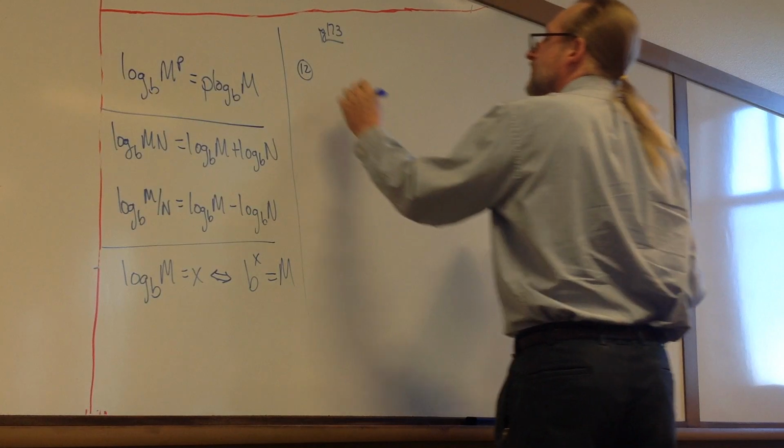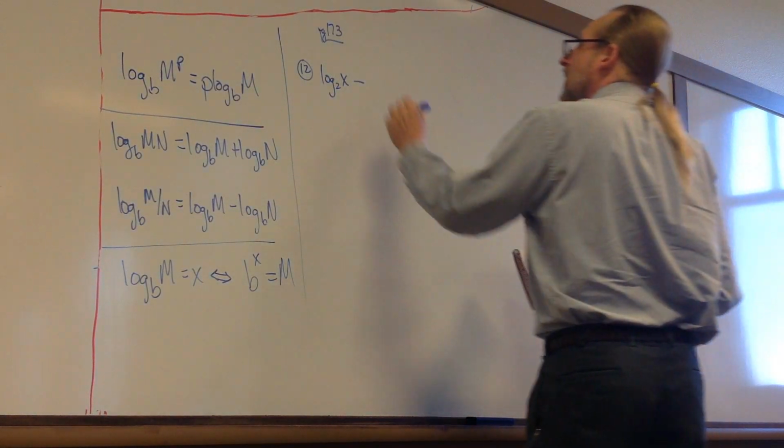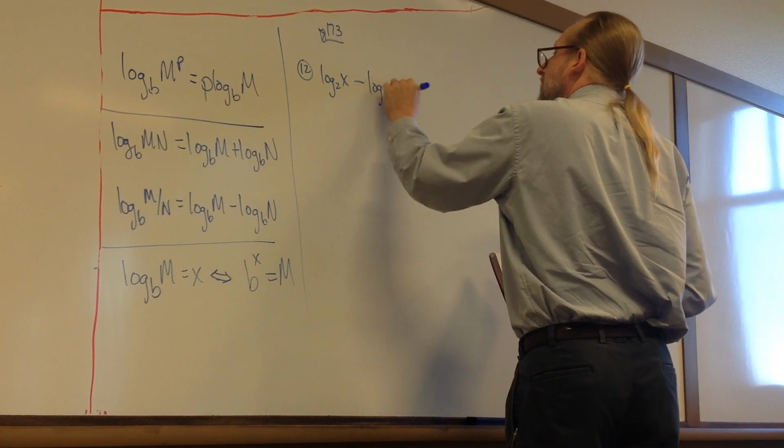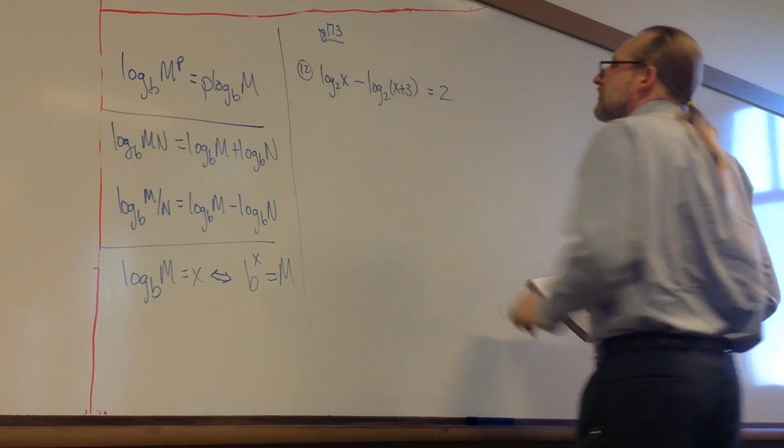Problem 12 says log to the base 2 of x minus log to the base 2 of x plus 3 equals 2.